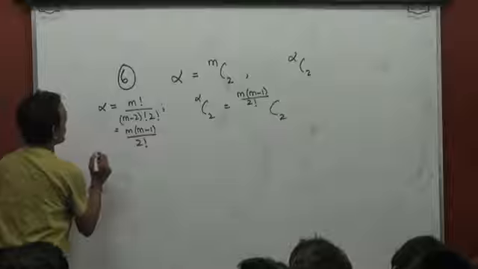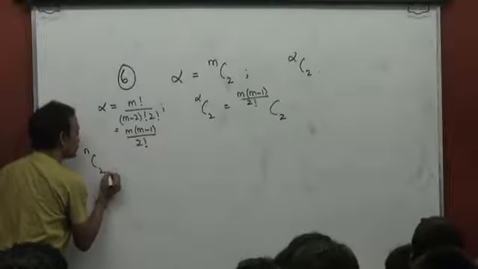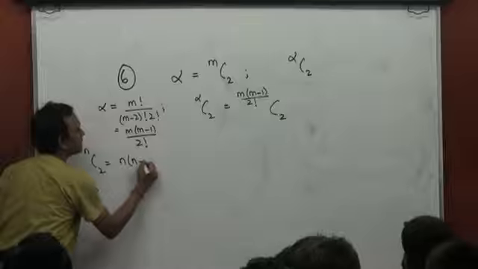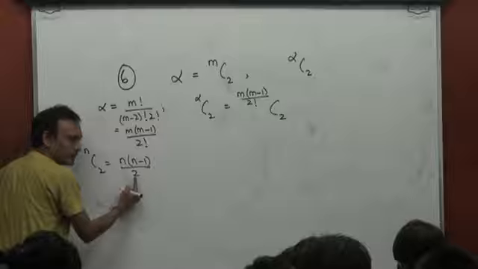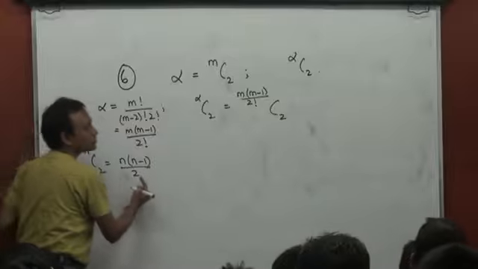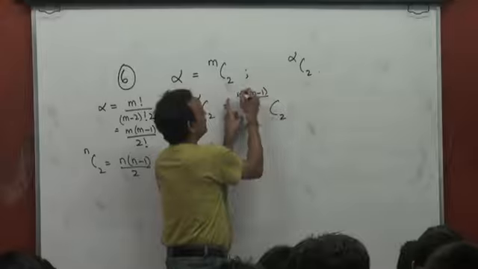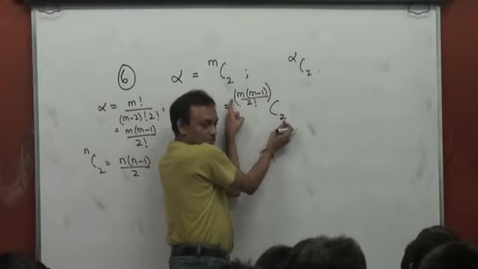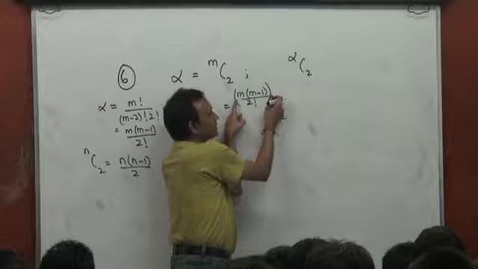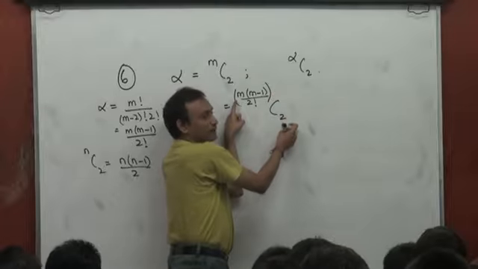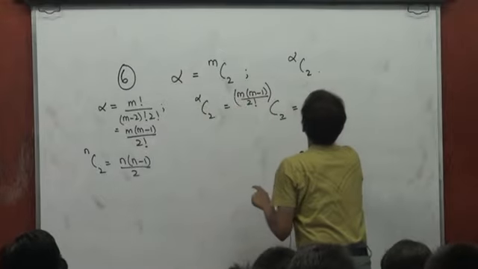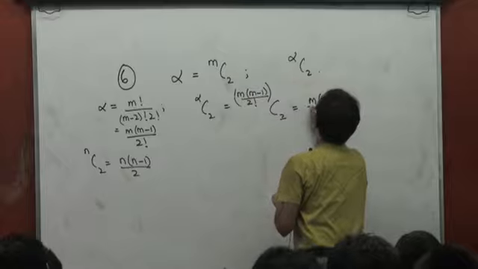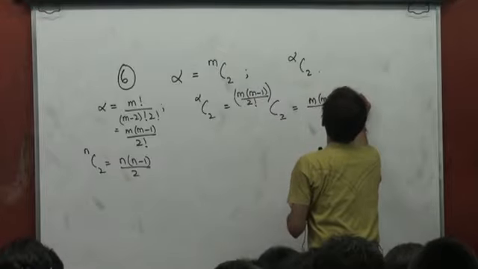And what we just realized is NC2 will turn out to be n into n minus 1 by 2 factorial. Right?